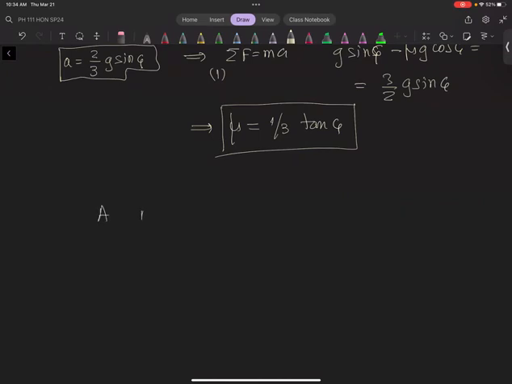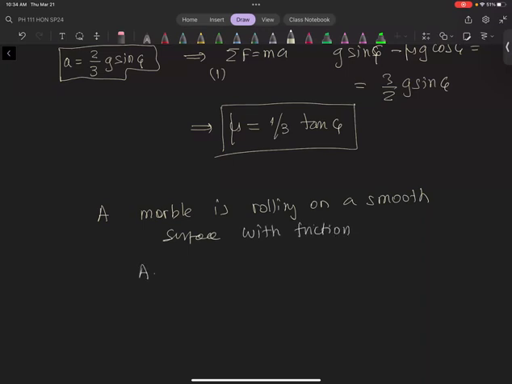A marble is rolling, purely rolling, on a smooth surface with friction. Answer A, will it stop? Or answer B, will it continue forever?